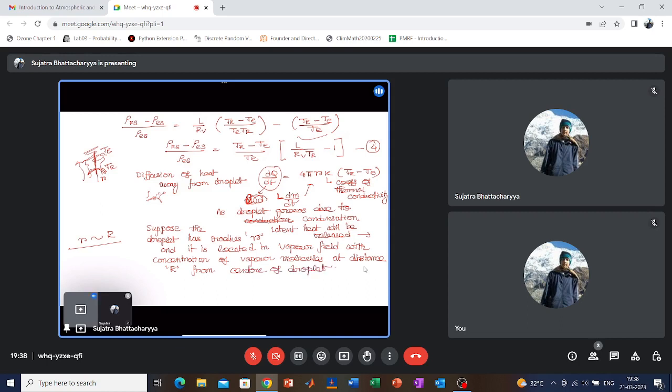Okay, so at surface, this vapor density at R, that is at the surface, that is N into m0. m0 is the mass of one vapor molecule. Fine, and N is the number. Perfect.